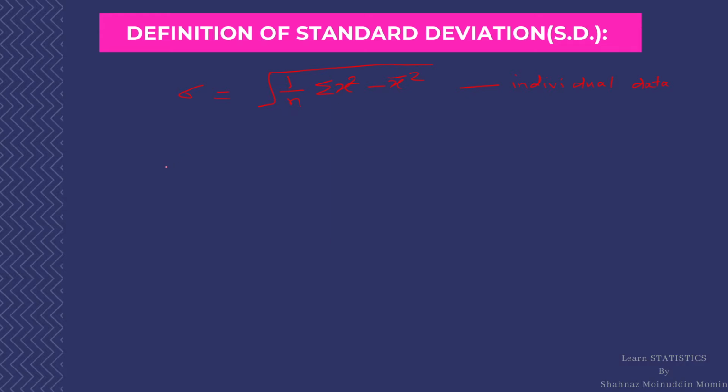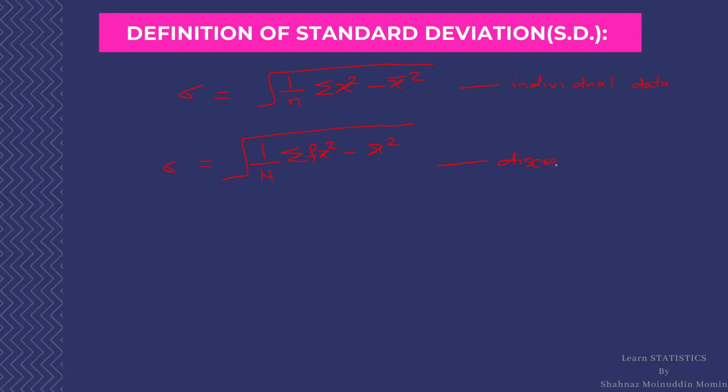Similarly, for the discrete data, standard deviation is defined as sigma equal to square root of 1 upon n summation f into x square minus x bar square. All the terms are inside the square root. This is for discrete data.